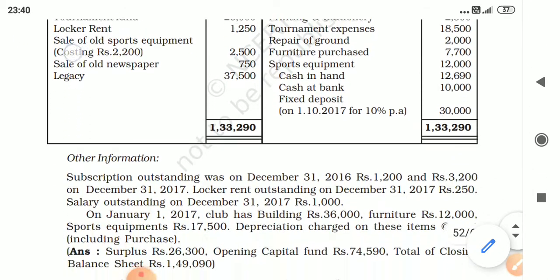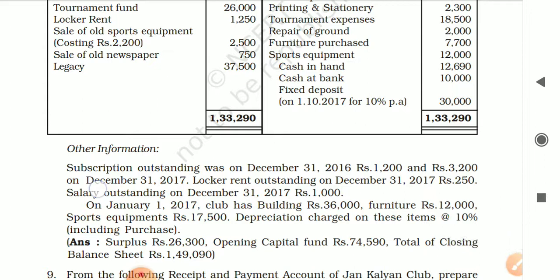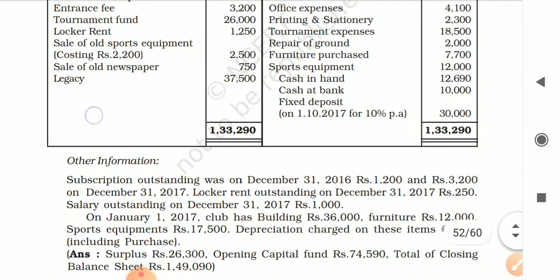Since nothing is mentioned about legacy in the adjustment, sometimes it will be mentioned that legacy is to be capitalized, but here it is not mentioned, so it's okay. You may not get the book answer, but we are doing the sum in the correct method. Legacy will appear in the income side of income and expenditure account as it is general in nature. Okay. So you can put a tick mark.